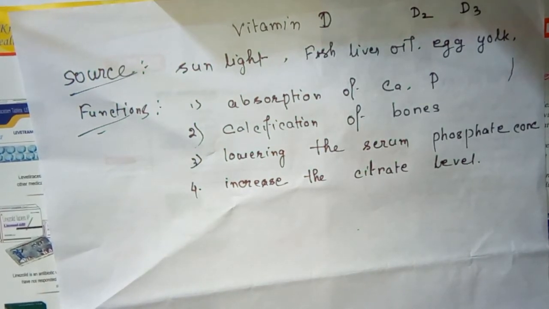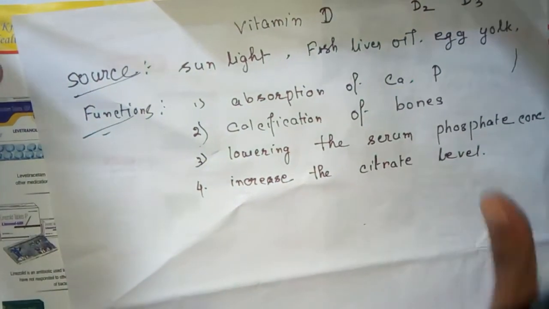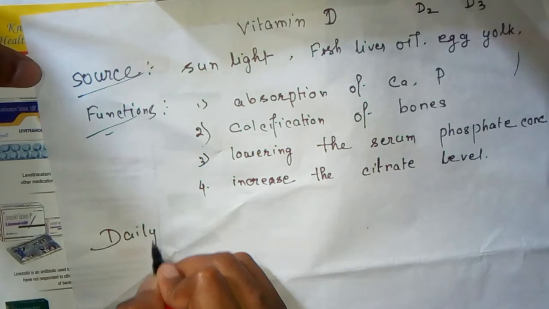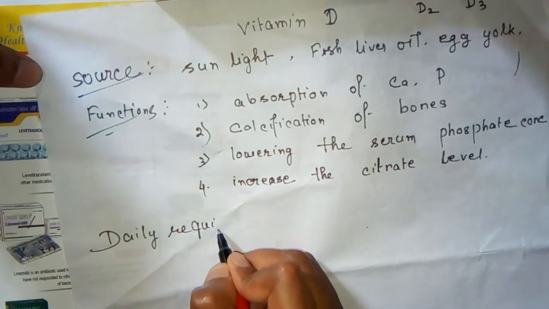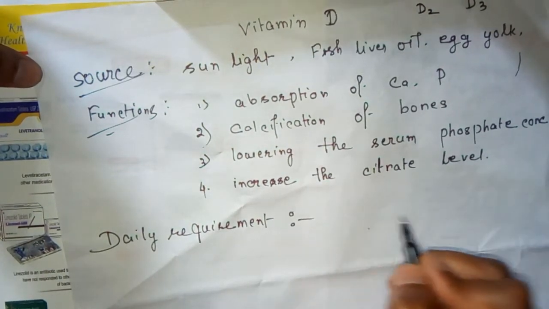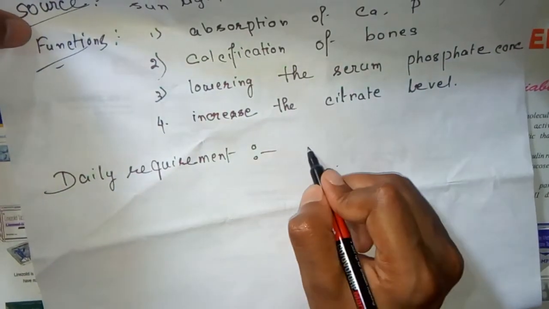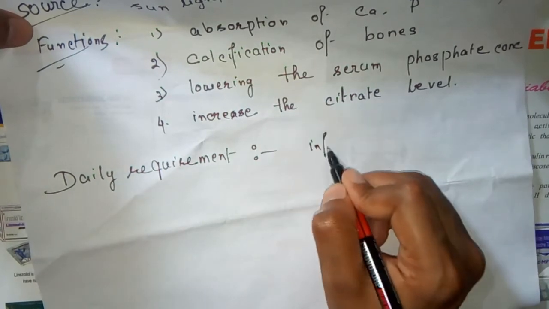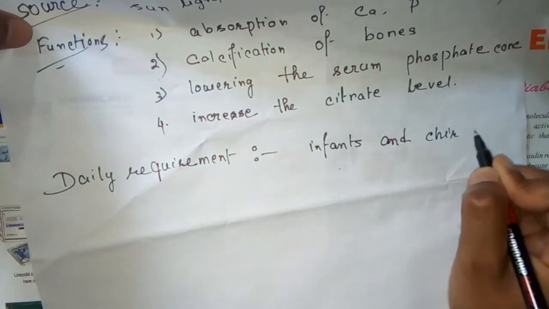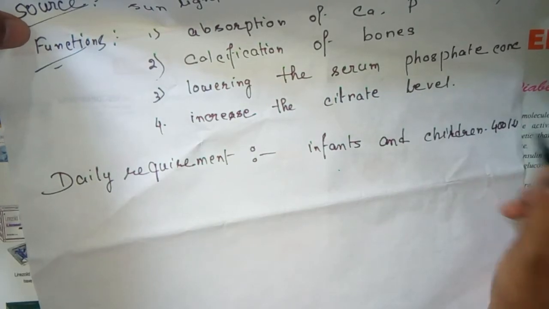Now we'll discuss the daily requirement of vitamin D. The daily requirement of vitamin D in infants and children is 400 IU. 400 IU means international units.